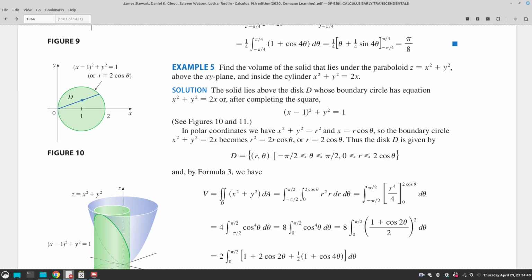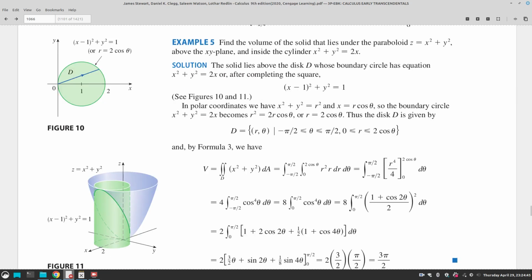So x squared plus y squared equals twice x is a cylinder with center 1, 0.